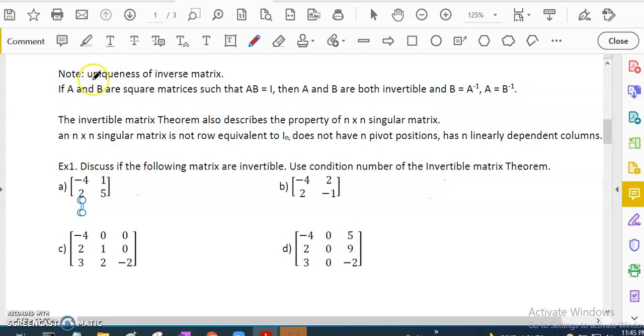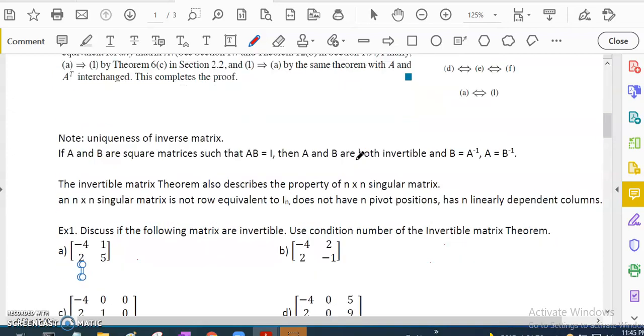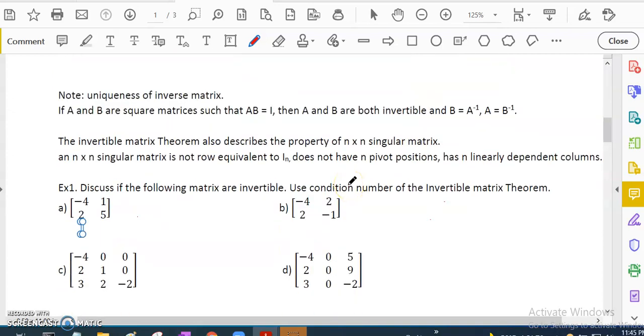one thing we should notice is that we say a matrix is invertible if we can find another matrix such that multiplying the matrix with the other matrix gives the identity, and the multiplication can be on the left and right.